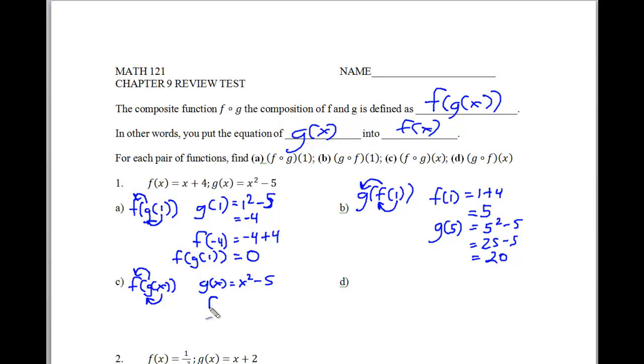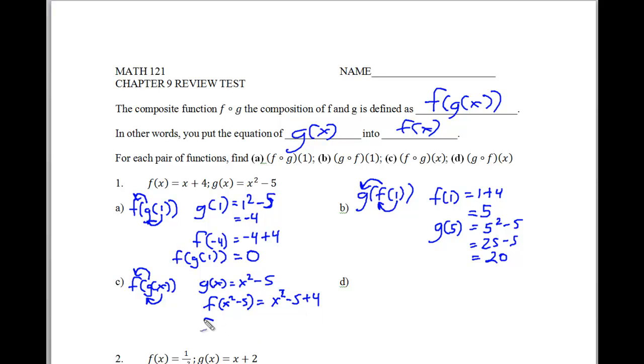Now I'm going to plug that into my f of x. So I take my f and make it x squared minus 5. When I go to my equation, instead of 1, I'm going to write down x squared minus 5, and then I'll write my plus 4 after that. So this went into my f, and then I now have this answer.